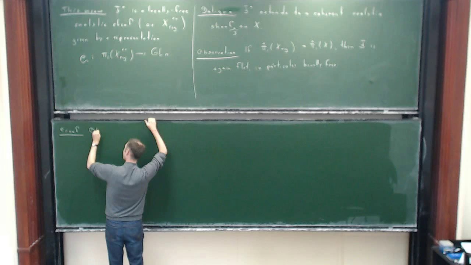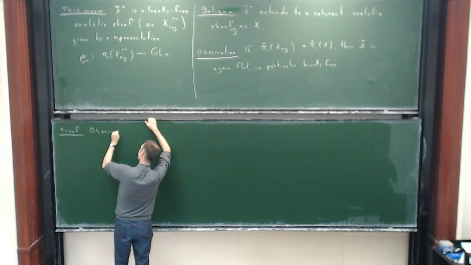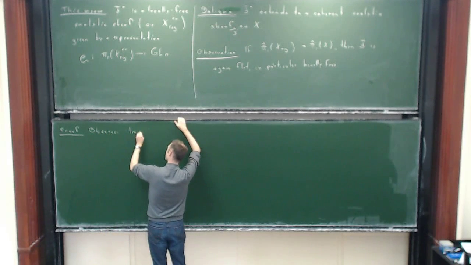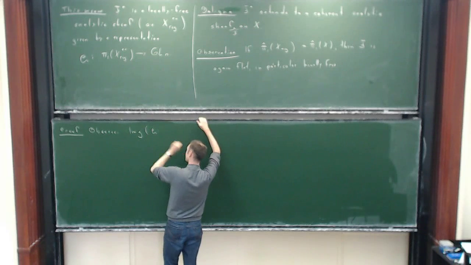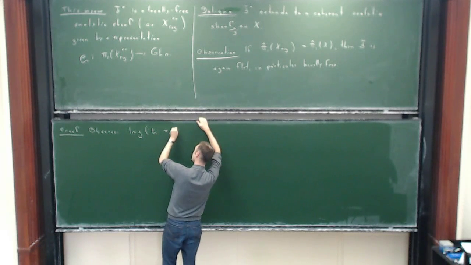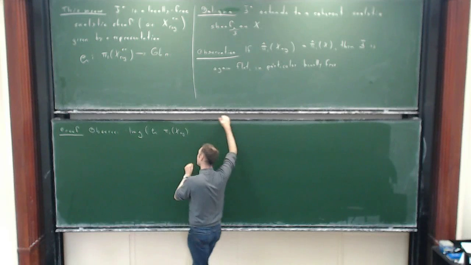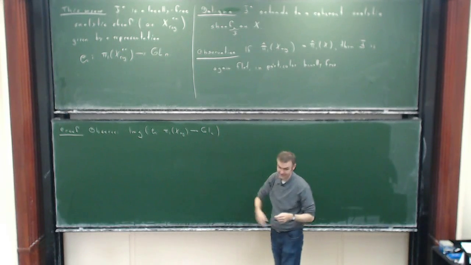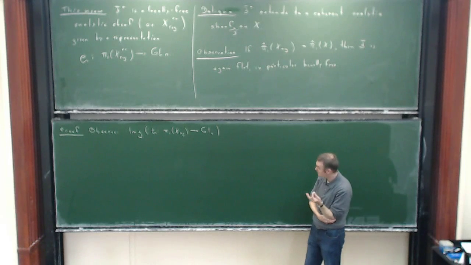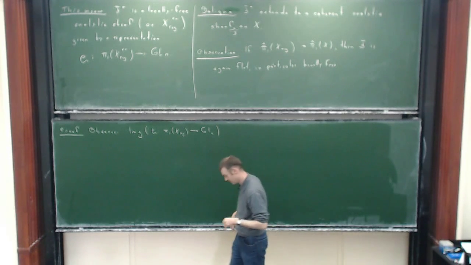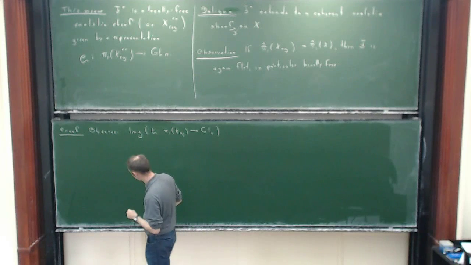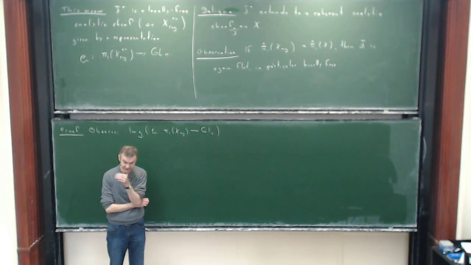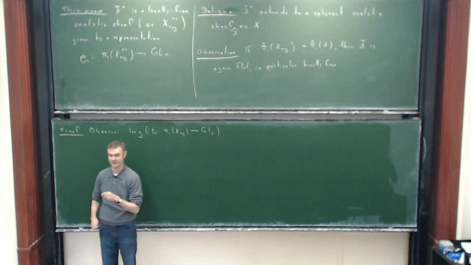So observe, we have the image of the representation map that takes the fundamental group of X reg into GLN. This is a subgroup of GLN, of the general linear group, about which we know that it's finitely generated, because the fundamental group is finitely generated.